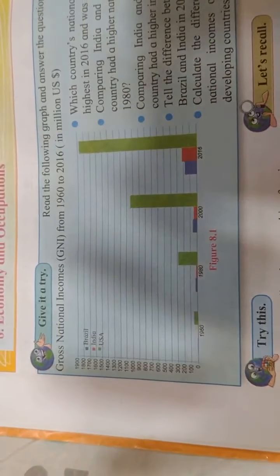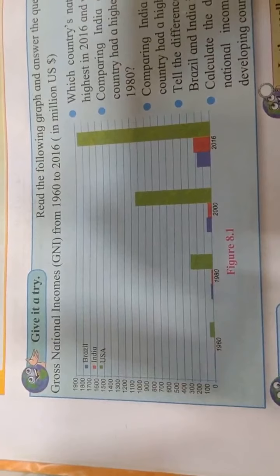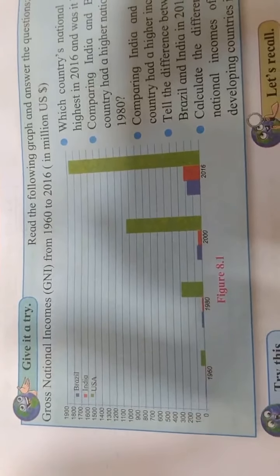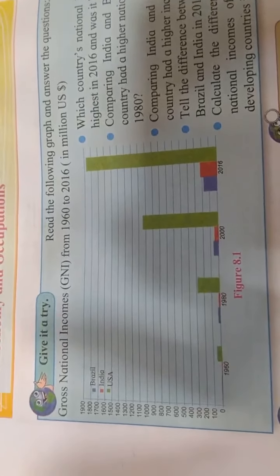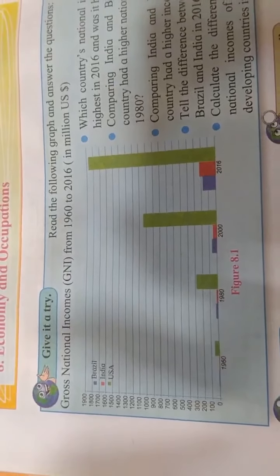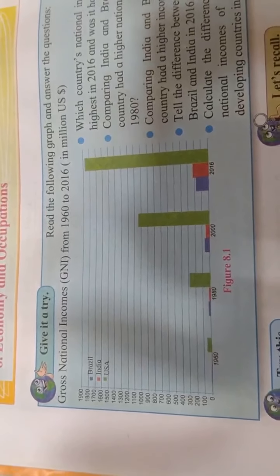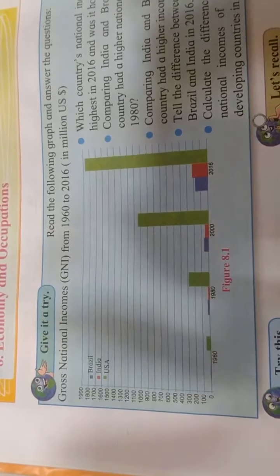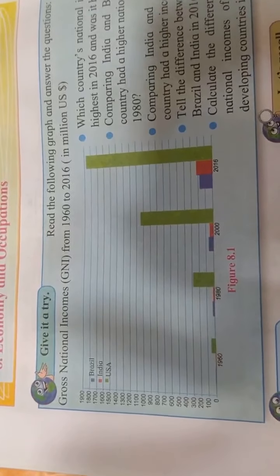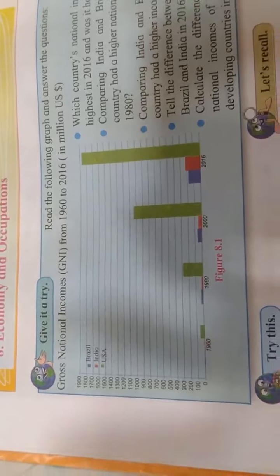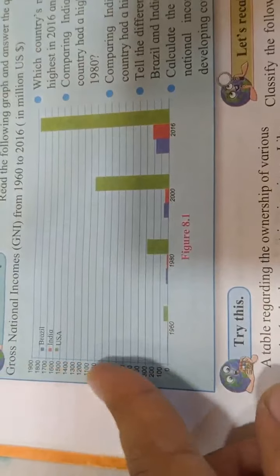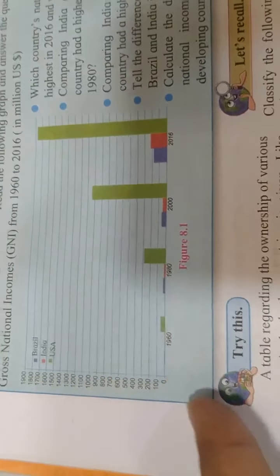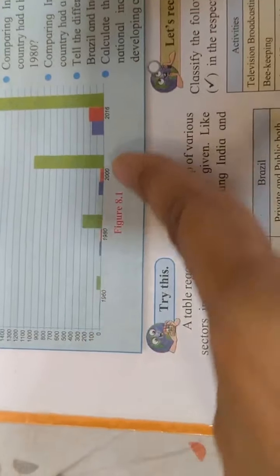Students, if you see this graph very carefully, this is page number 52 of the textbook, figure number 8.1. There you will see the graph, a joint bar graph of India, Brazil and USA. That is a comparative study done here. If you see on the left hand side this scale, this is your x-axis and this is your y-axis.